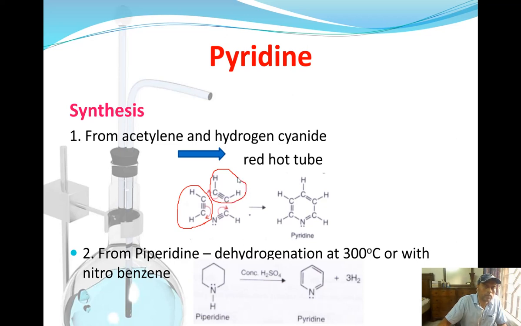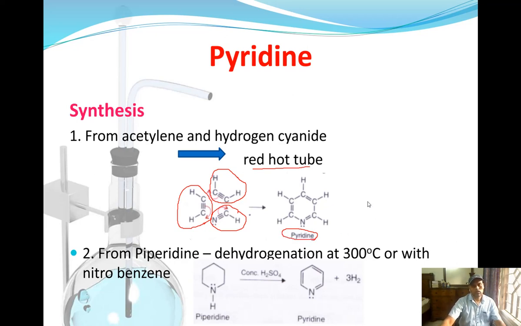So you're taking two molecules of acetylene and one molecule of hydrogen cyanide. This is your hydrogen cyanide. A mixture of these is passed through a red hot tube, and you are going to get pyridine as the product. This is the first method of synthesis.